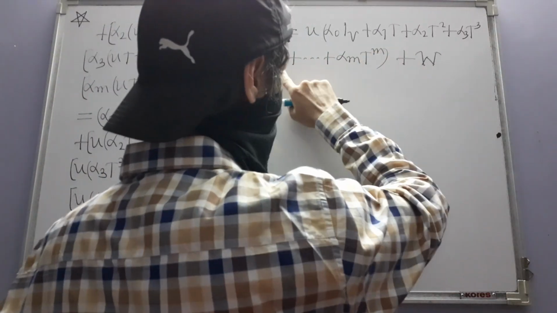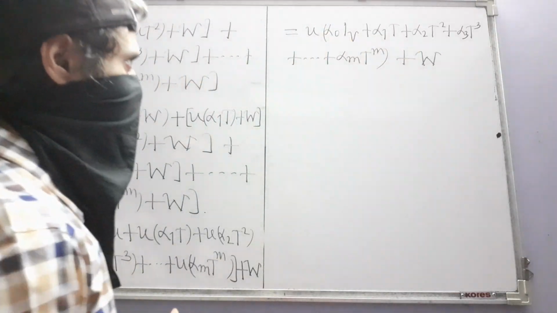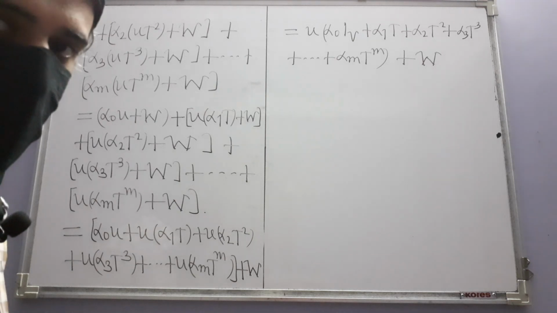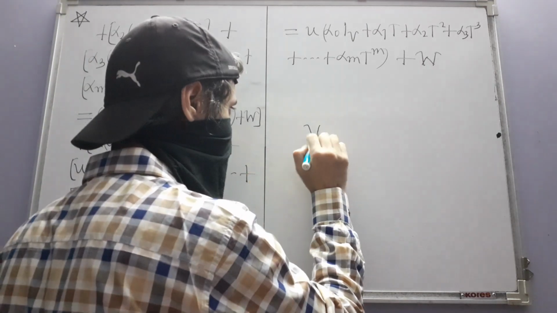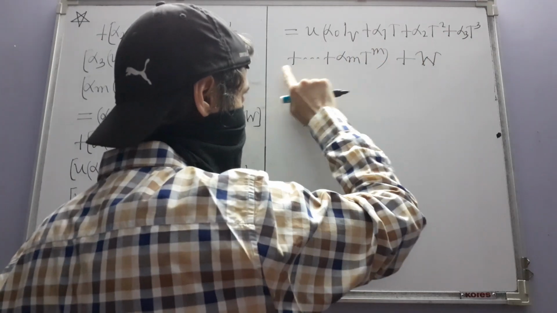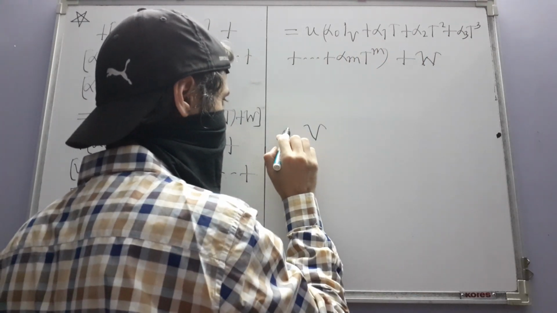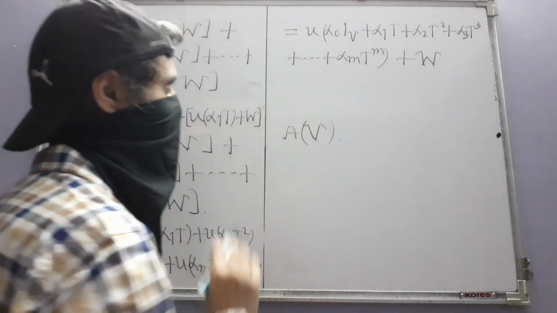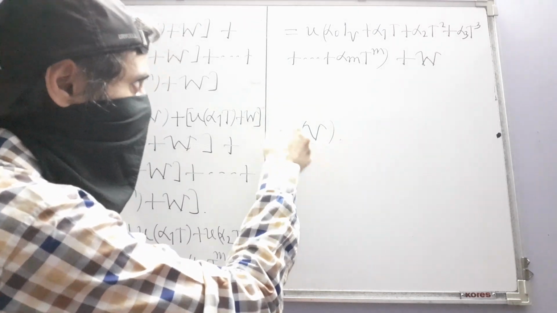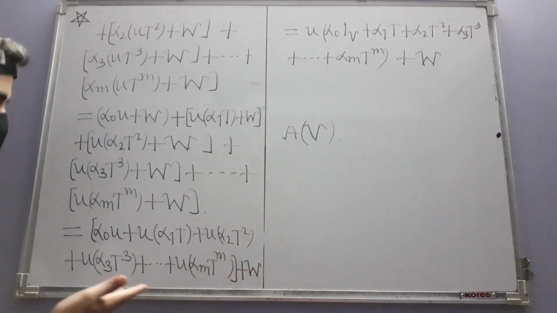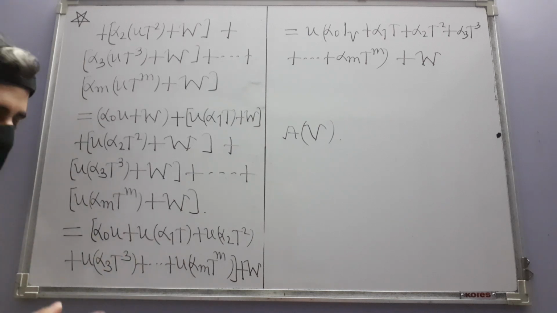This entire thing that you see within the parenthesis is an operator. An operator where? An operator on V. That means this thing that you are looking at here is an element in A of V. And by the definition of addition and scalar multiplication, well, we do not need scalar multiplication here.